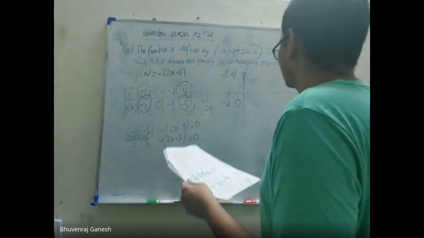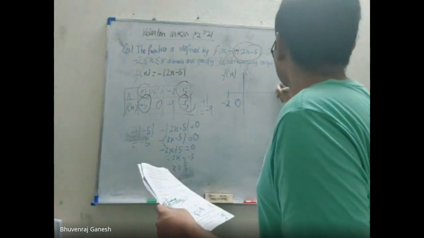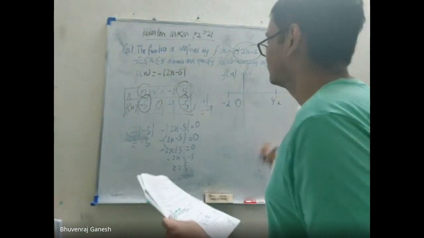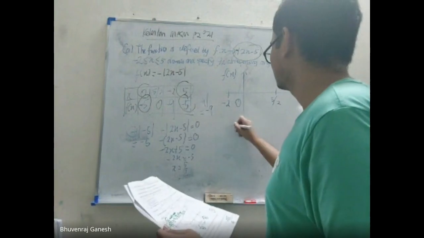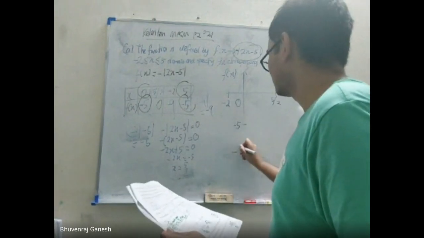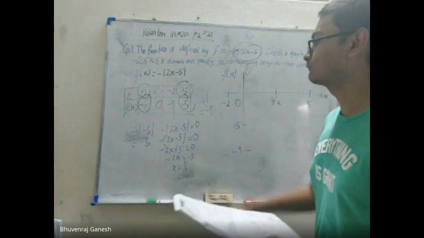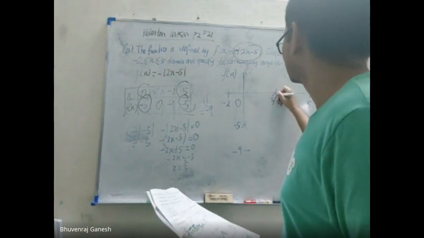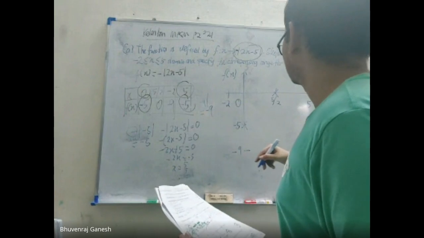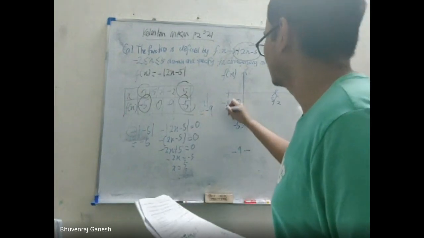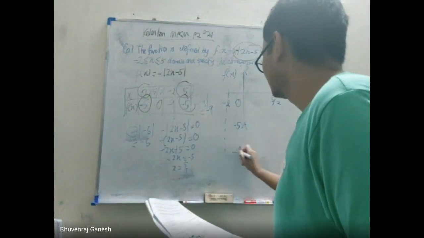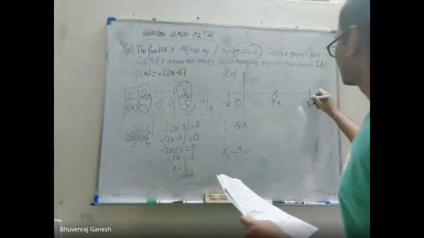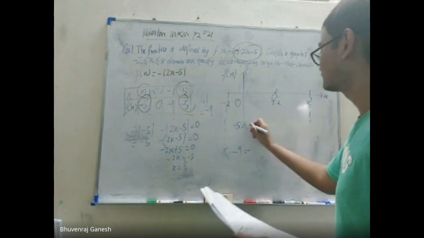So pi over 2, here's 5, here will be pi over 2, negative 5, negative 9. Okay. So now from here we can plot 0, negative 5 here, pi over 2, 0 here, negative 2, negative 9. You can do this dotted line here, and pi and negative 5 is here.